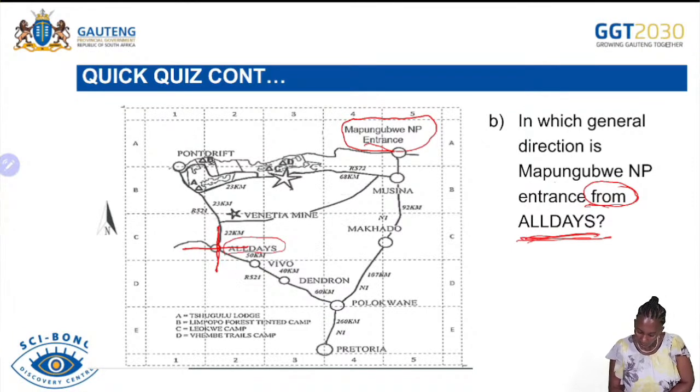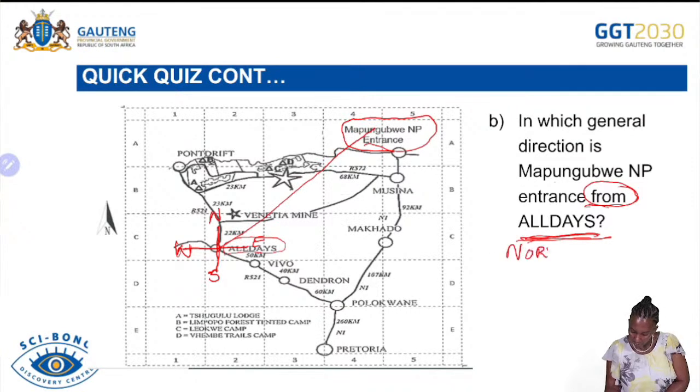And then you have to determine Mapungube. You draw your north, east, south, and west. Then I have to draw the direction to Mapungube, and it will be the northeast. Or you can say NE.